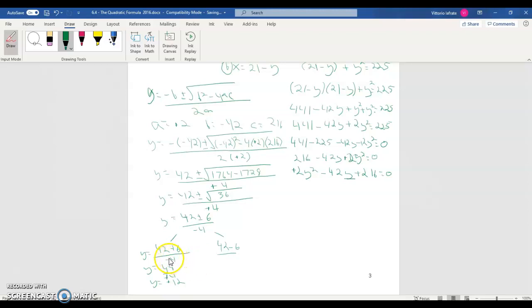So that works out there. And now it looks like we're on the right track. So back to this here. The other option is y is equal to 42 minus 6 over 4, which is 36 over 4, which is y is equal to 9.